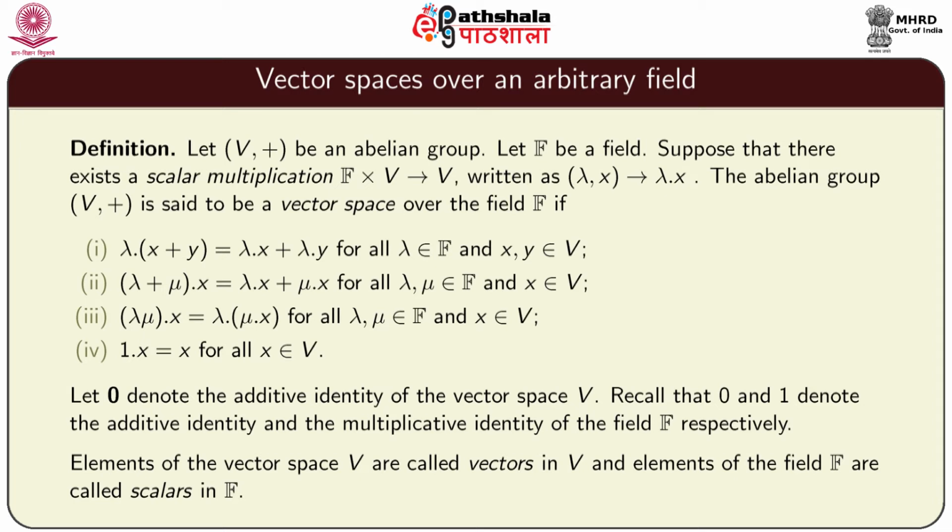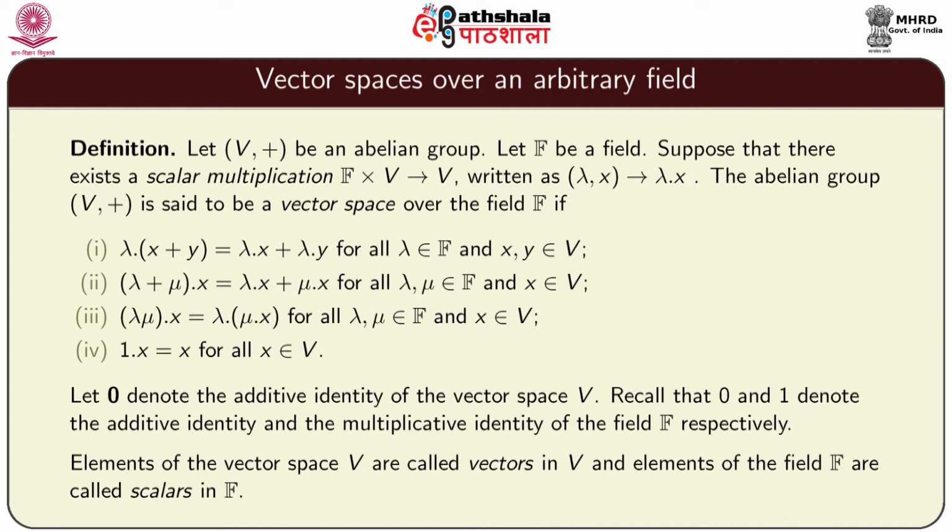Now, we are in a position to define a vector space formally. Let V be a non-empty set with a binary operation plus. Suppose that (V, +) is an abelian group. Let F be a field.